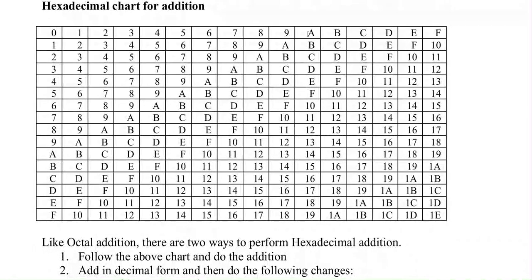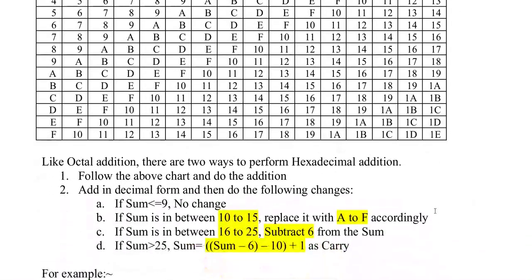So decimal 10 to 15 is represented by A to F. After that, again it comes numeric value 10, 11, 12, 13, 14, 15, 16, 17, 18, 19. Then it goes to 1A, 1B, 1C, 1D, 1E. So maximum, if you add F plus F, you will get 1E. So this is the trick.